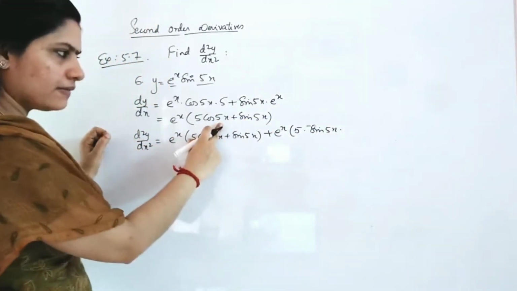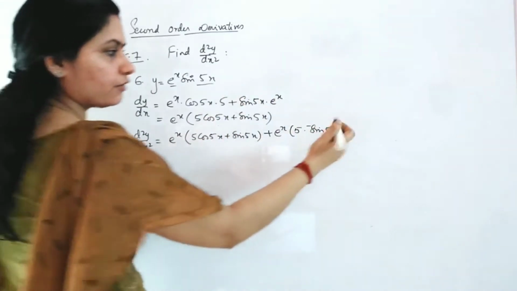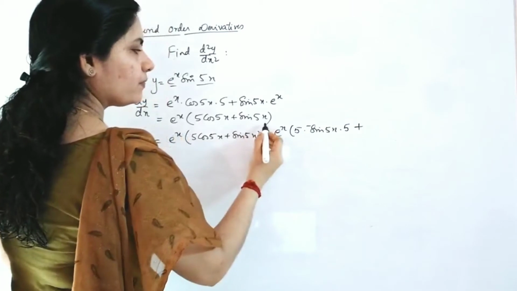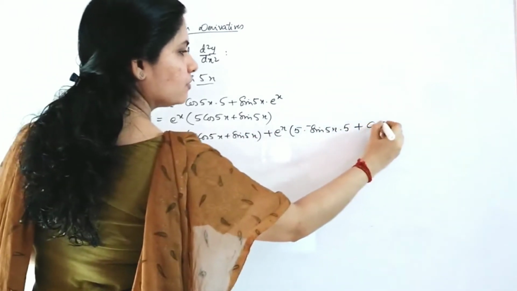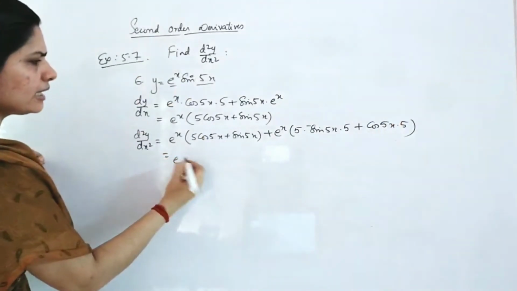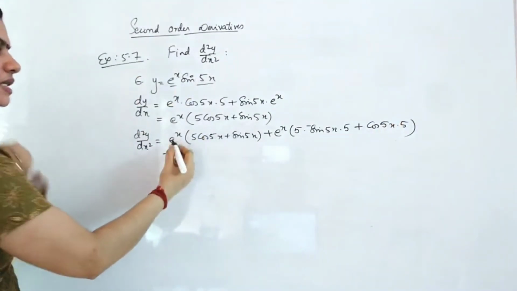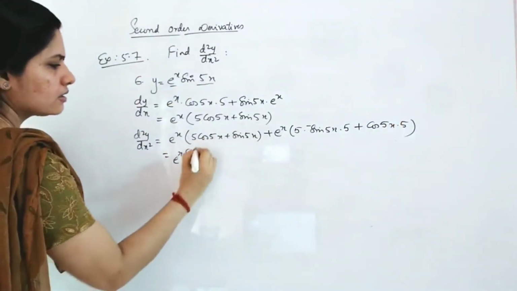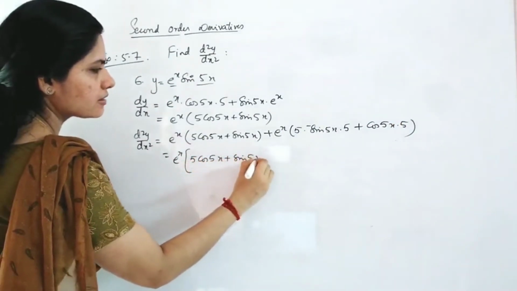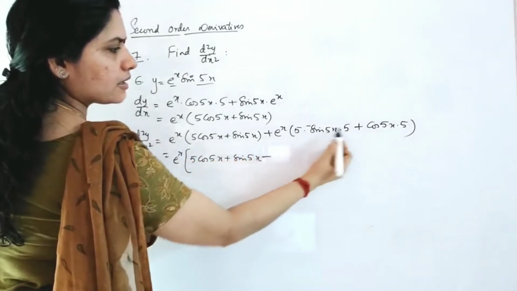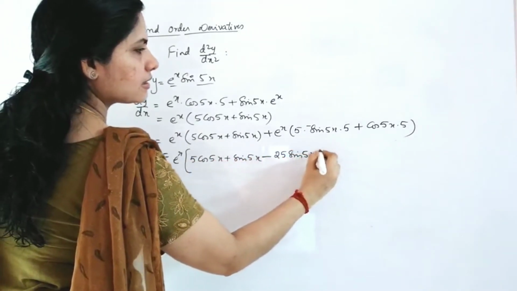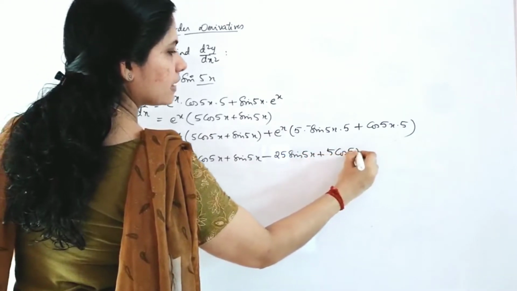And the angle is 5x. So again you have derivative of 5x, which is 5. Plus derivative of sine 5x will give you cos 5x into 5. Okay. So that again, if you want, you can take out e raised to x, both terms contain. So this is your 5 cos 5x plus sine 5x minus, this will give you how much? 25 sine 5x plus 5 cos 5x.